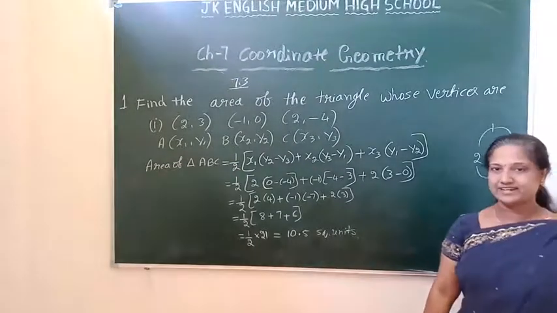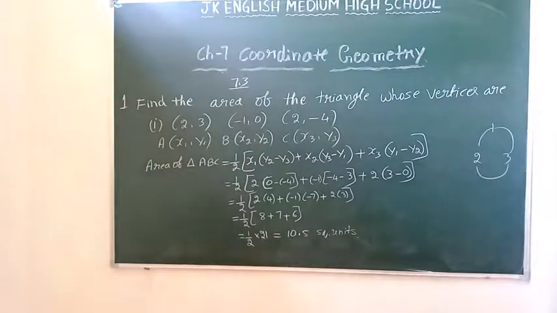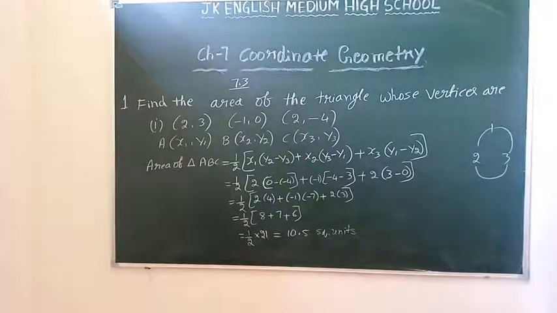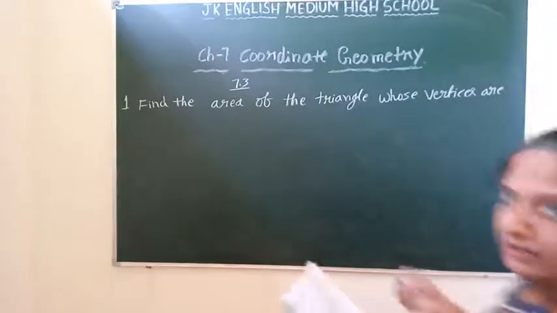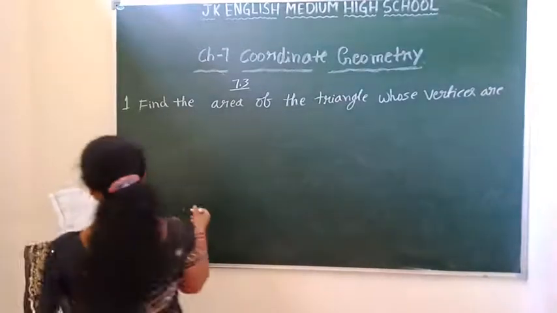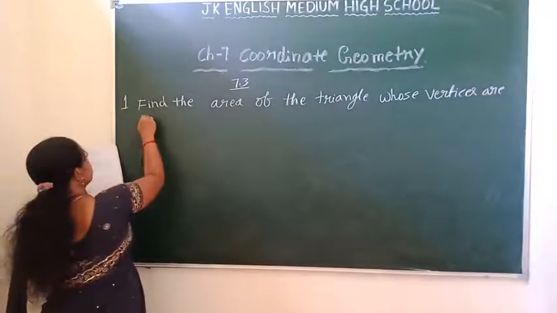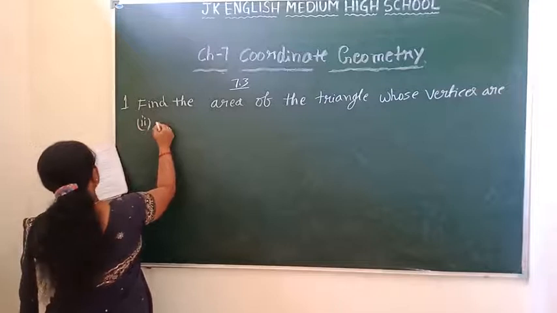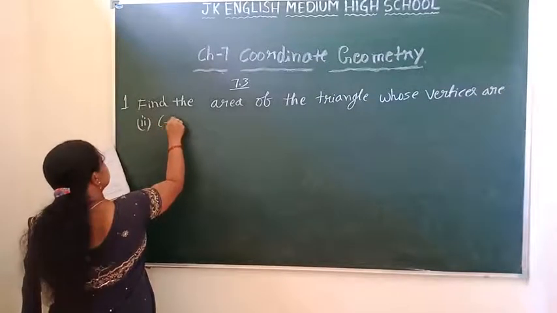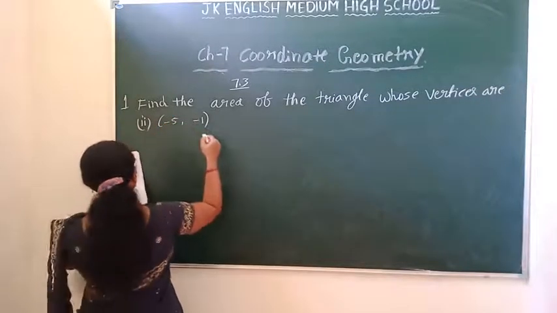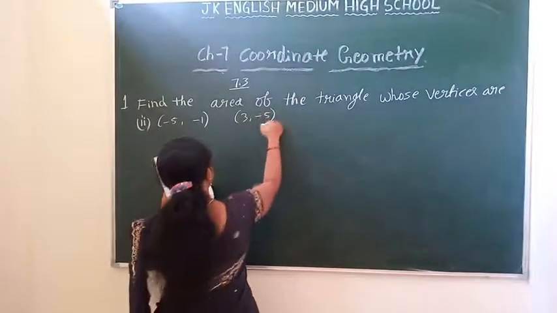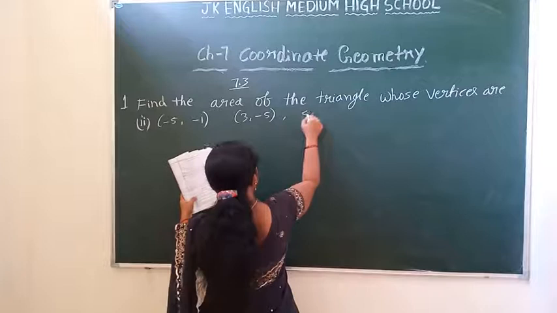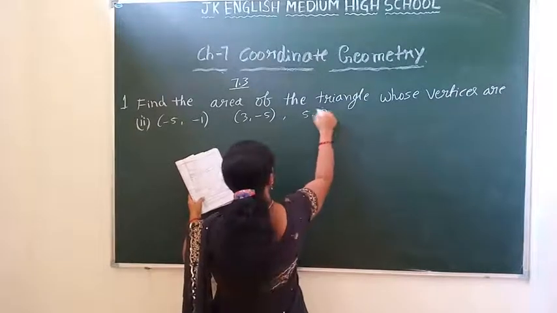Okay, children. Write down. In first main only, the second question. What is it they have given? Second question they gave in this manner: minus 5 minus 1 and 3 minus 5 and 5 2.